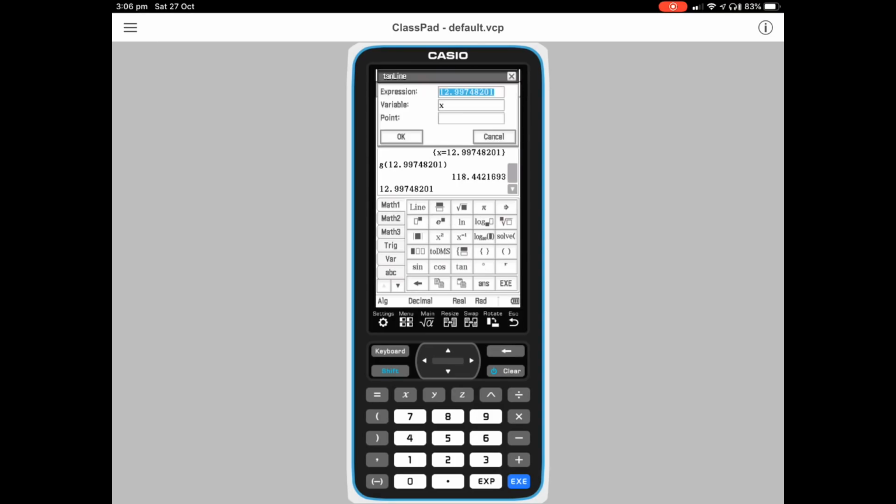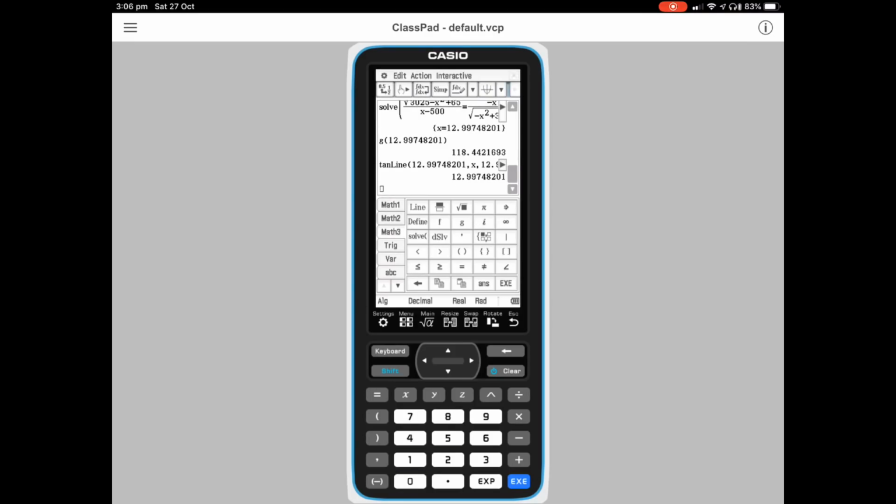Tan line, 12.99748201. Oops, but that is g of x. Okay, so that's my y-intercept, 121 point something. And we know that tan theta is that over 500.